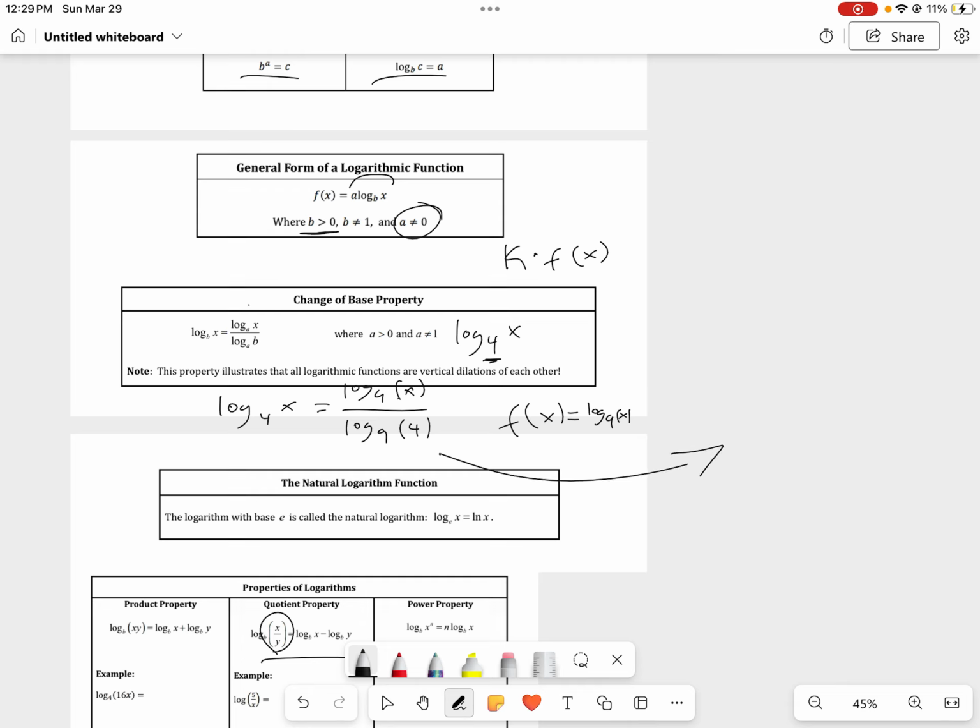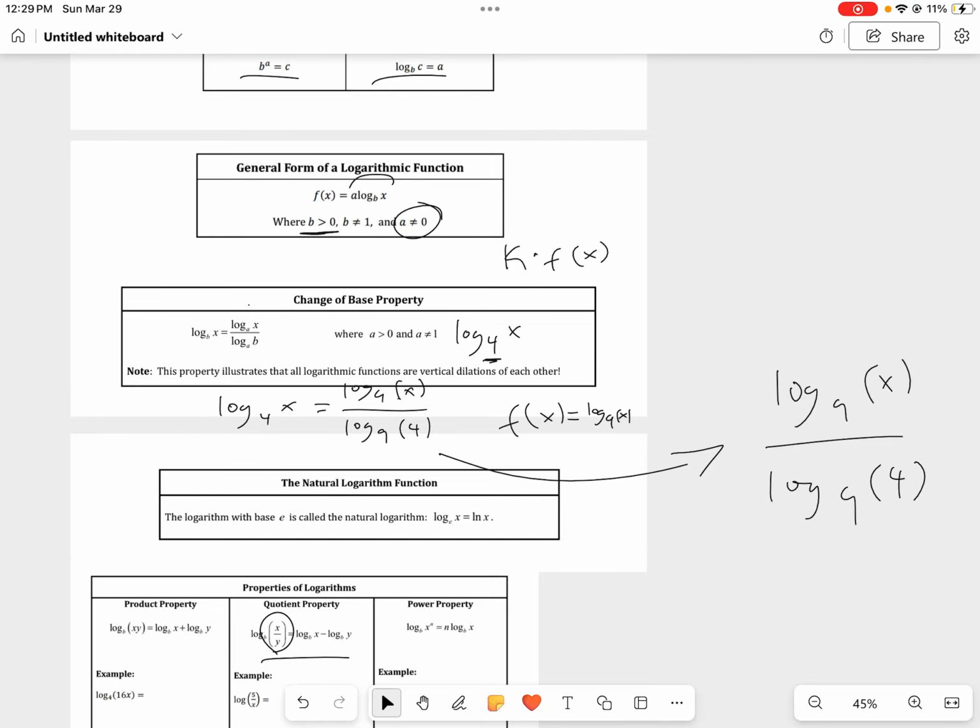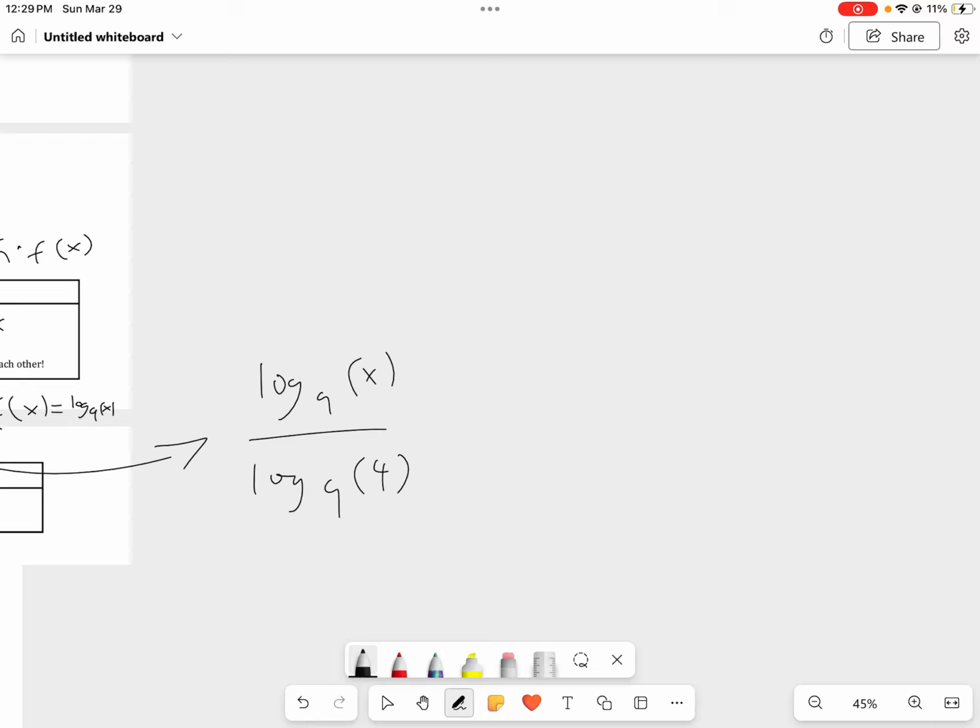Now we have log 9 of x over log 9 of 4, which is the same thing as saying 1 over log 9 of 4 times log 9 of x.